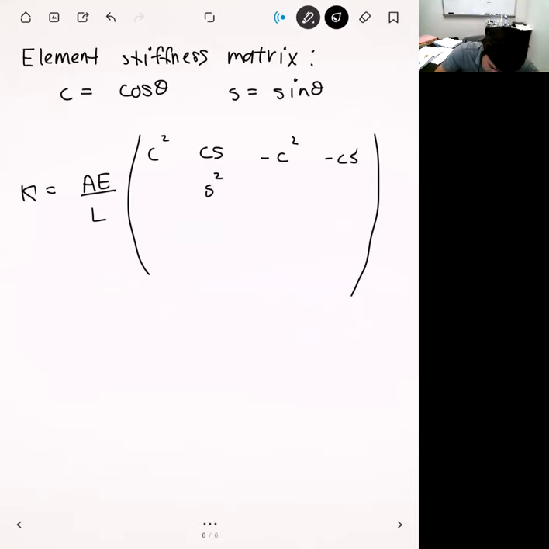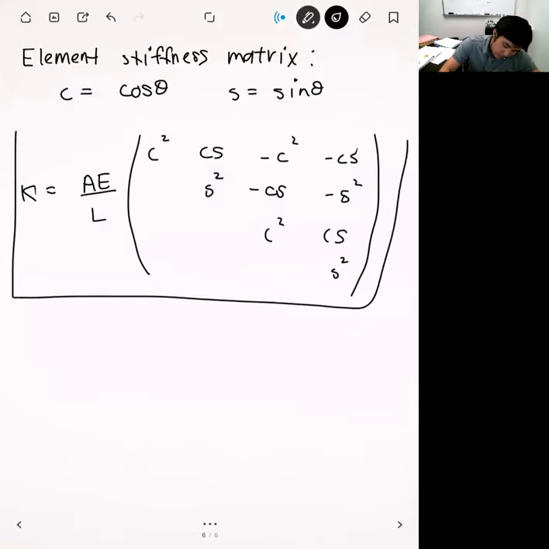Sine squared, minus cosine sine, minus sine squared, cosine squared, cosine sine, sine squared. Okay. And of course, I only drew half of the element stiffness matrix because the other half is symmetric.